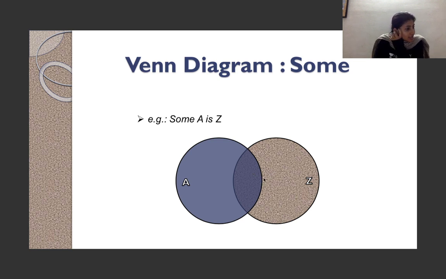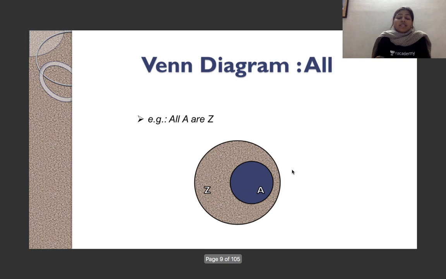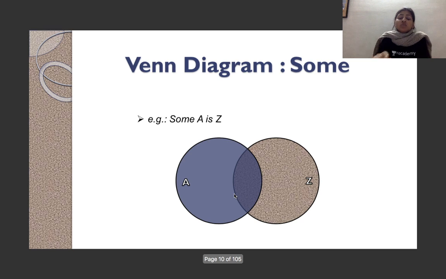Also in this case, vice versa is also going to be true. Vice versa means some Z is A. Some Z is A is also going to be true in this case, while in the previous case, vice versa was not true. If all A are Z, all Z are A is not true because we can see some part of Z is also outside A, right? So it's only in this case where vice versa holds true.